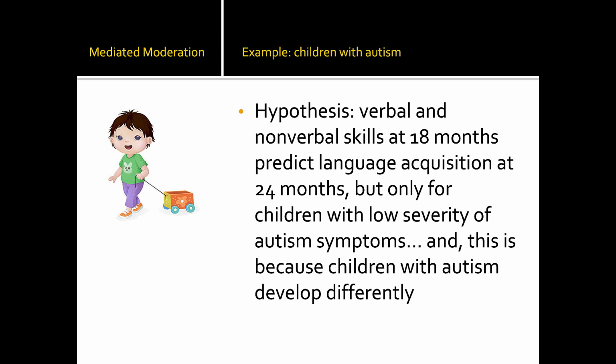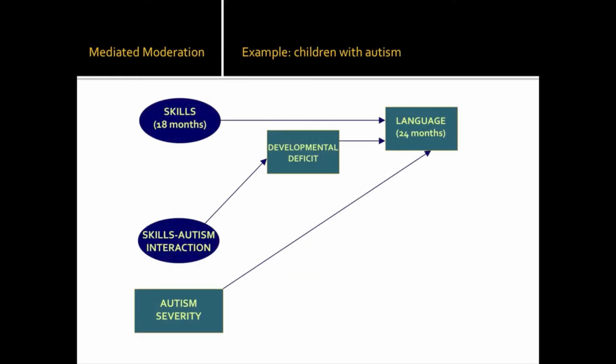And now we have a mediated moderation because we have an explanation, a variable that's going to come in and at least partly explain why this is only the case for children with low severity of autism, and that is because children with autism develop differently. Kind of an obvious explanatory variable here, but we might have this measured in our study.